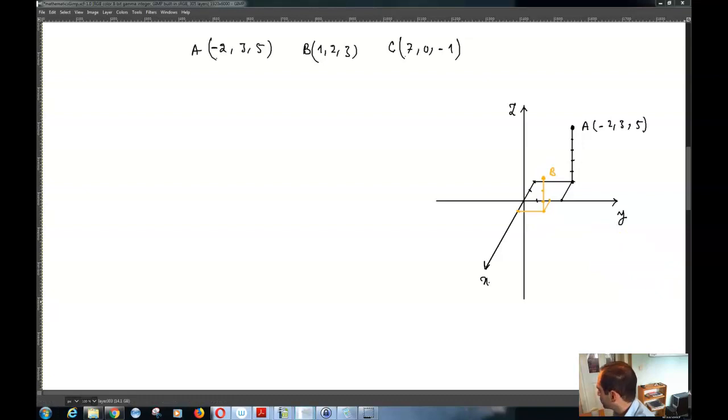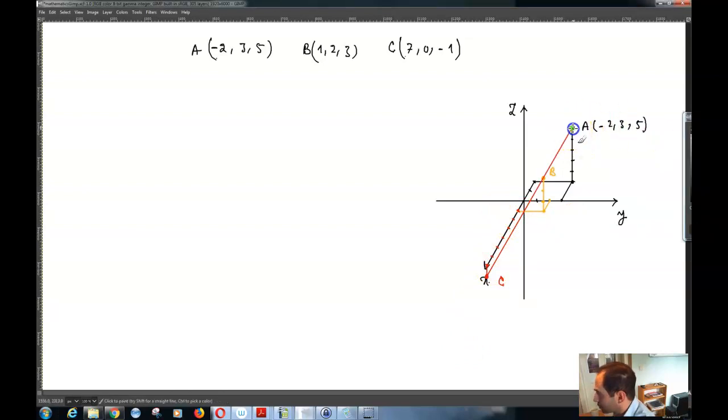And the third one, you have 7 units along the x-axis: 1, 2, 3, 4, 5, 6, and 7. 0 units across the y-axis and -1 units along the z-axis, and this point would be C. Now if I draw a line through these points, you can see that they seem to be collinear.